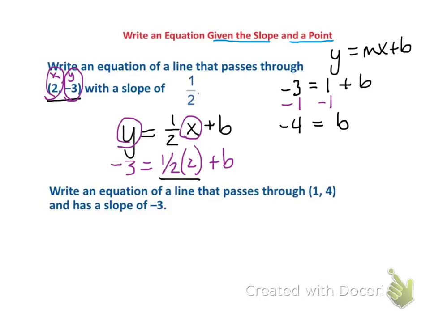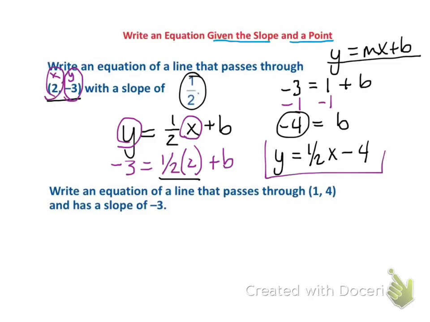Now I can write y equals mx plus b because I know that my slope is 1/2 and my b is -4. My final answer, the slope-intercept form of the line. Not too bad, right? Let's try another example.